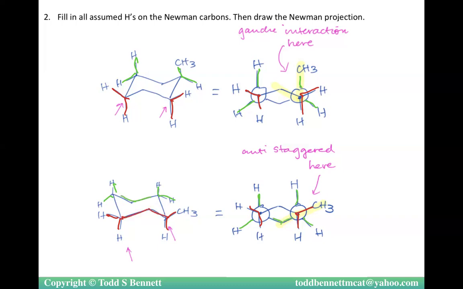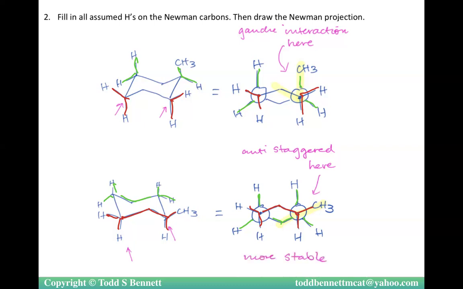This is in front. Now it is anti to the rest of the chain and it's staggered. So it works out well for me. So the gauche interactions between the R groups here are tough. The anti-orientation makes it a little bit more stable. So equatorial, more stable than axial.